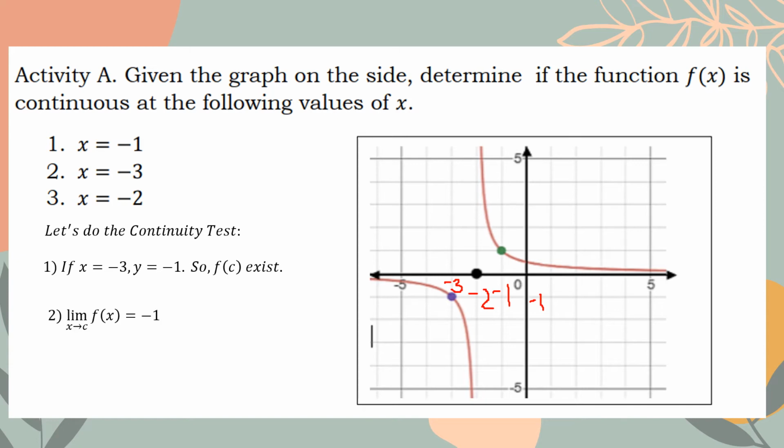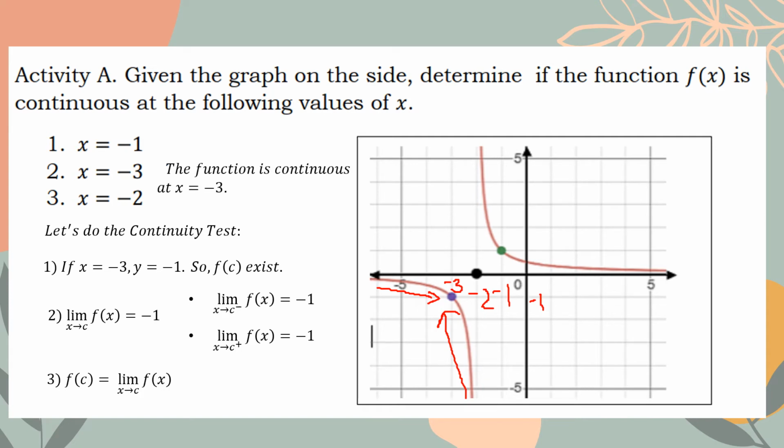Next, the limit of f of x as x approaches c is negative 1. From the left, this graph, and from the right, this graph. Obviously, they are approaching the same value, and that is negative 1. So f of c equals the limit of f of x as x approaches c.